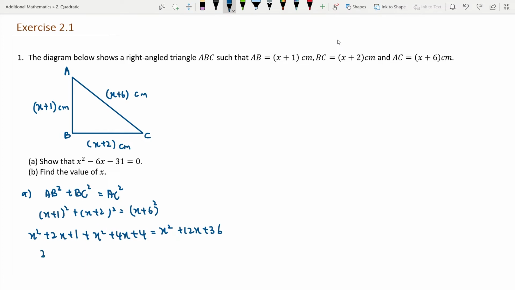We have 2x squared from the left side minus the x squared, plus 6x minus 12x, plus 5 minus 36 equal to 0. Therefore, we get x squared minus 6x minus 31 equal to 0.